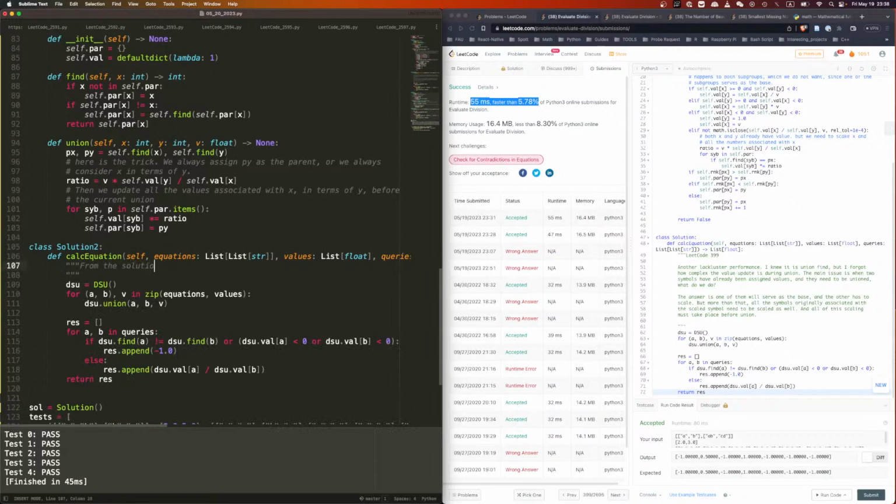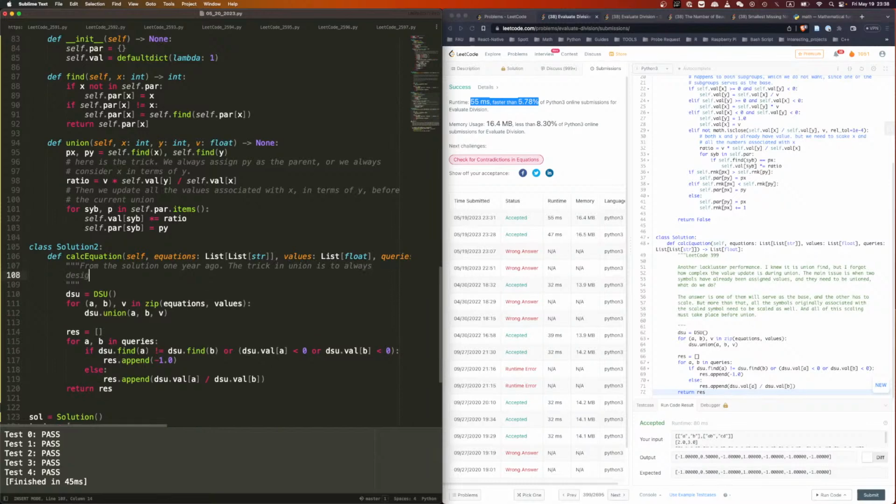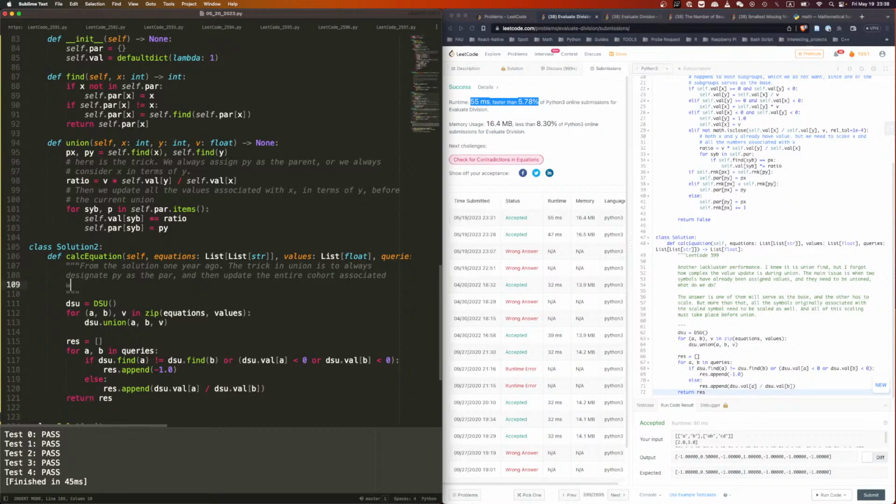From the solution one year ago: the trick in union is to always designate py as the parent and then update the entire cohort associated with px.